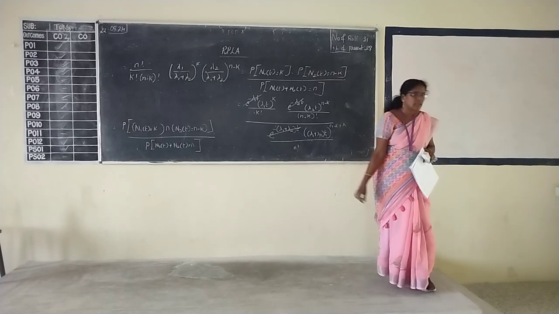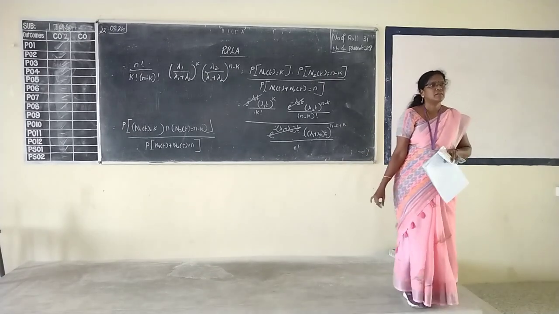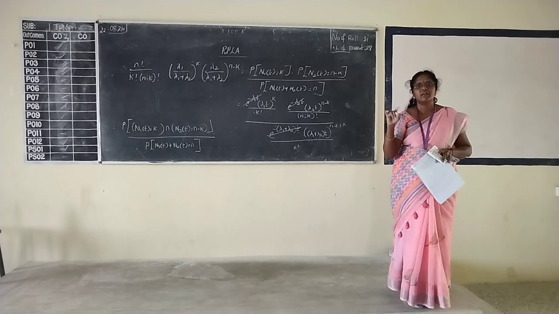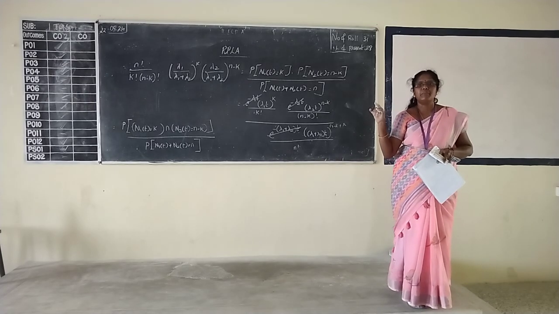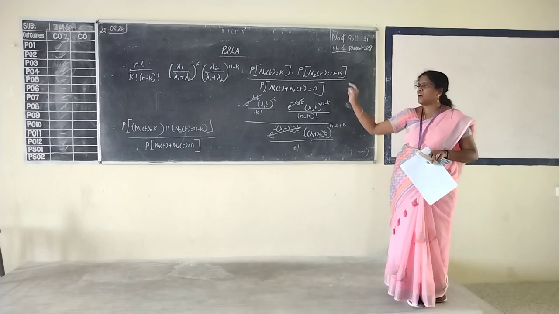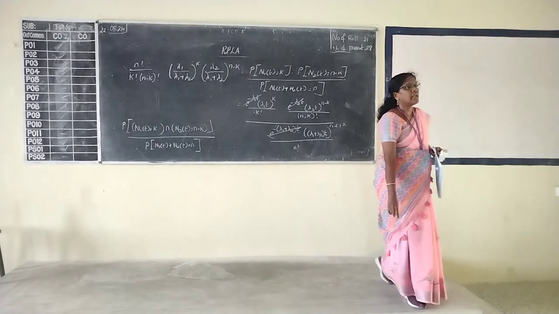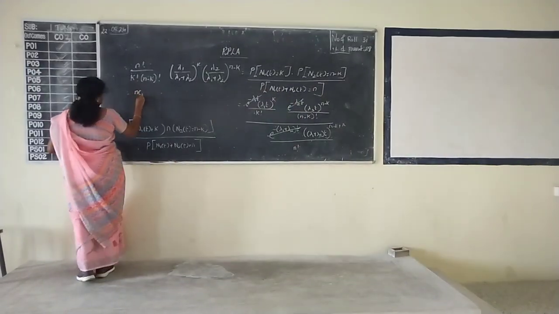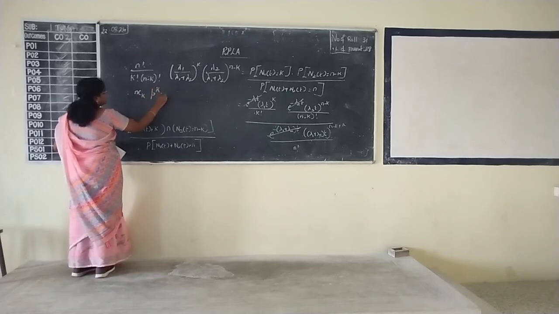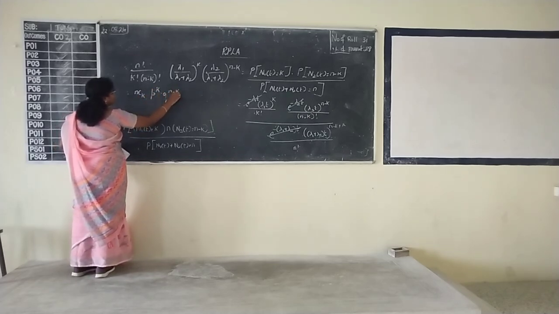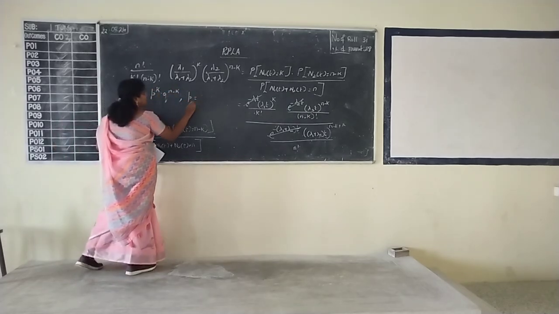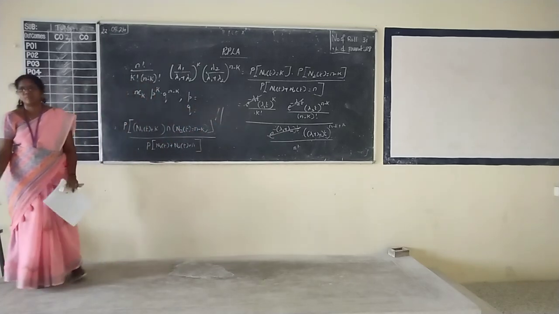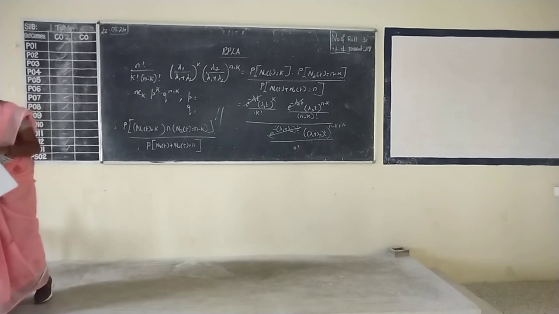Combination, NCR formula. N factorial by r factorial into n minus r factorial. Instead of r, what you have is k. So how will you write this? NCK p power k q power n minus k. You can write what is p and what is q. That is what the answer is supposed to be. A very simple result.